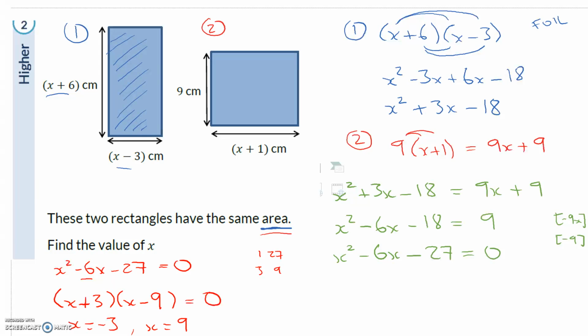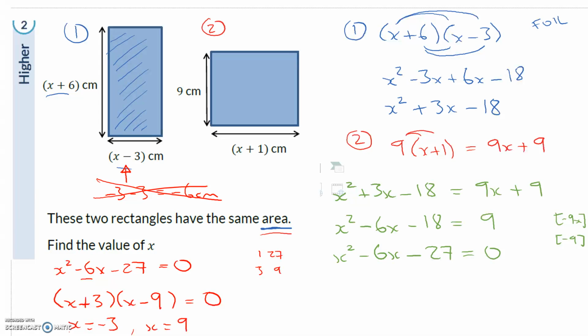Now they're the solutions to that quadratic equation, but we're dealing with real life rectangles here. Okay, and we know that x is going to be one of those values. But if I try to put x is negative 3 into this expression for the length here, we'd get negative 3 subtract 3, which obviously gives us negative 6. Now, a negative 6 centimetre length makes no sense whatsoever.